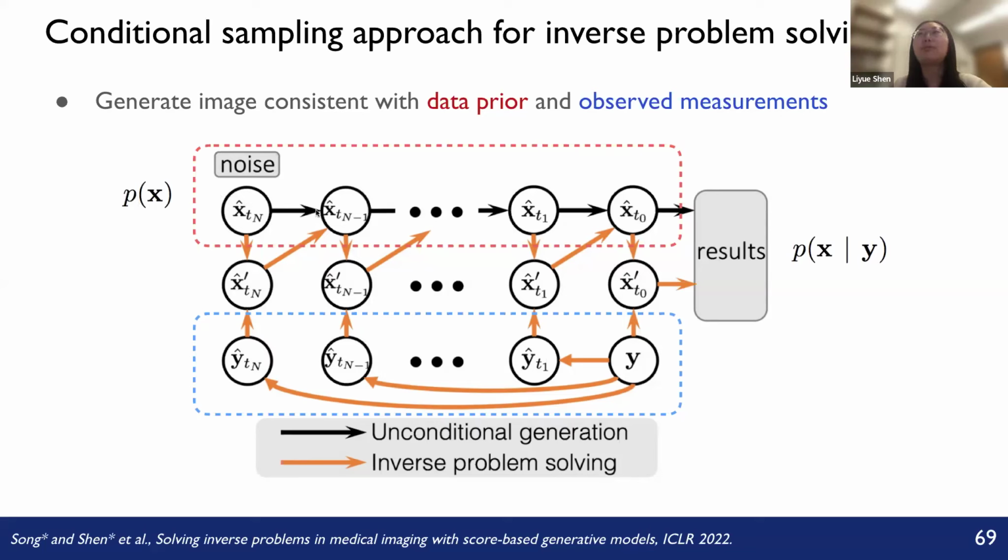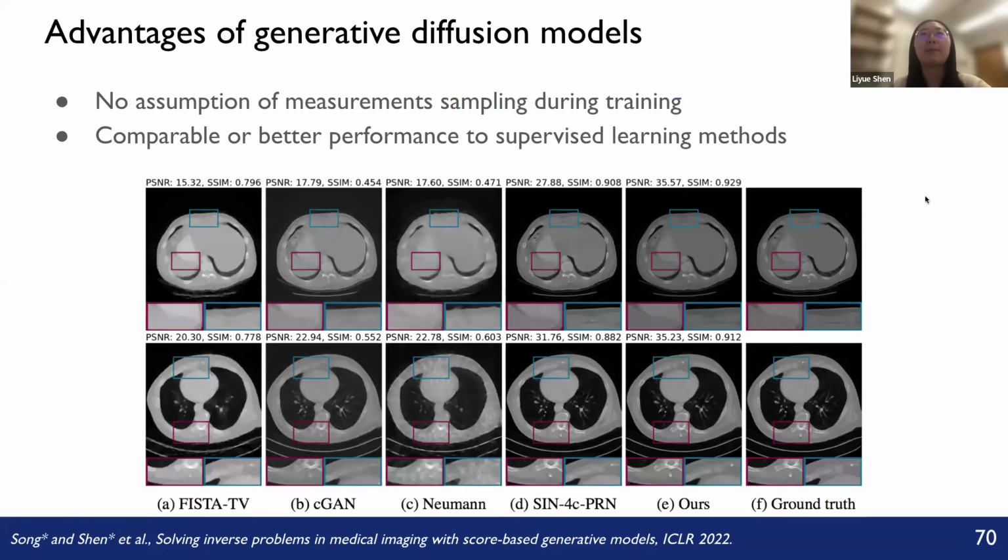Given the trained diffusion model, we add the information or constraints from the measurements y at the different steps, to inject the constraint of the measurements y into the diffusion sampling process in order to finally generate the conditional or posterior samples of p(x|y). So this is the key idea of how we use conditional sampling, using the trained diffusion model as the data prior to generate the posterior samples.